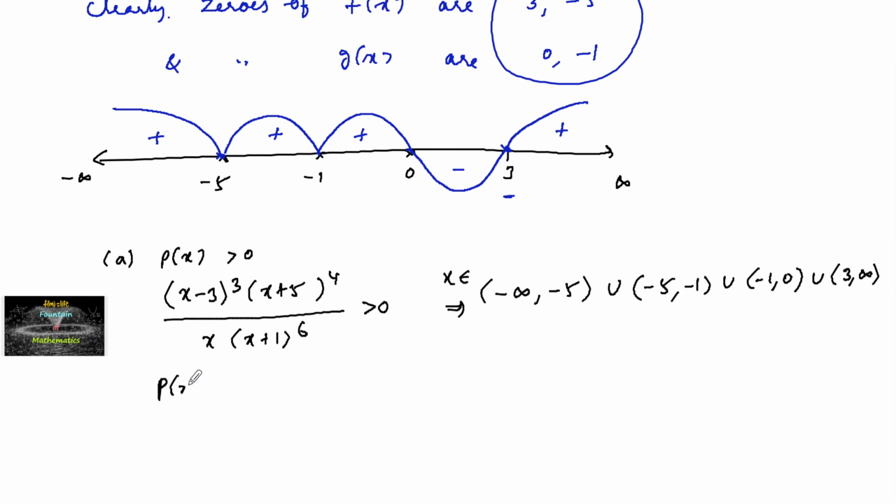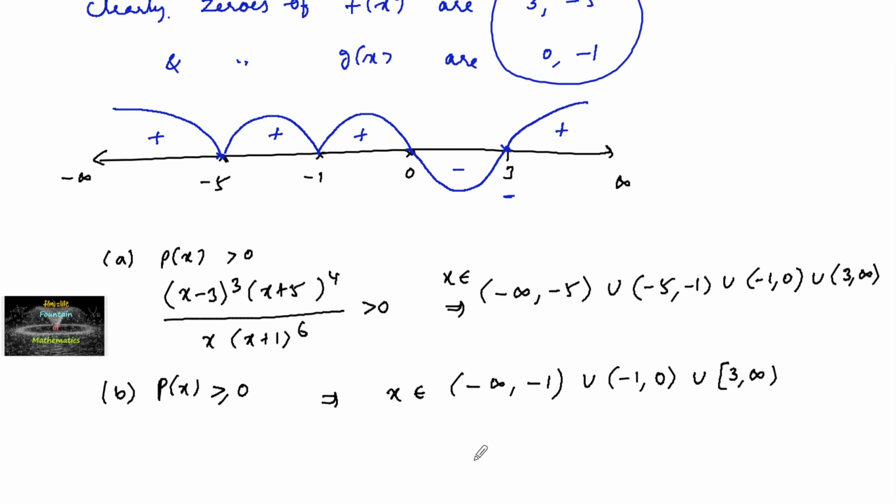And for p of x greater than or equal to 0, we can give the answer as x belongs to, since it is equal to 0, we can include the points where the numerator roots. So we can write minus infinity comma minus 5 can be included, and minus 1 to be excluded, so up to minus infinity comma minus 1, union minus 1 to 0, where 0 must be excluded, union 3 to infinity, 3 is included so square bracket.